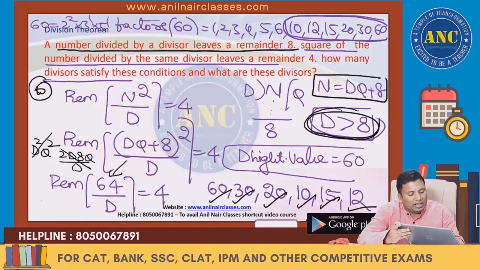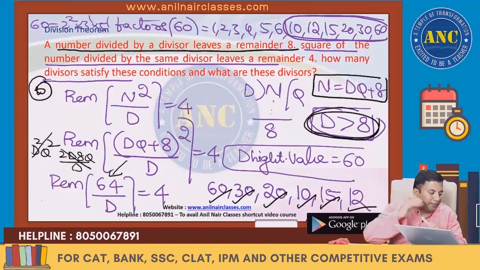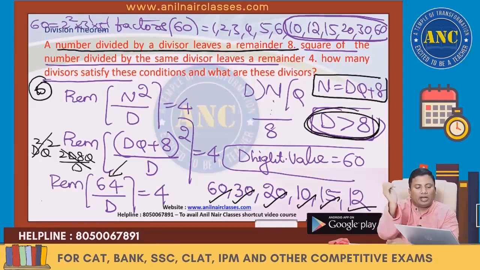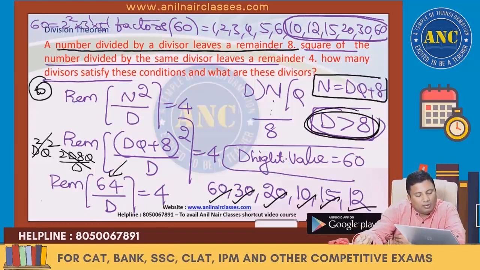N is (dq plus 8) whole square. If you open it, d square q square plus 16dq, all divisible by d. The remaining 64 divided by d leaves 4. The d value is 60, and d should be greater than 8.